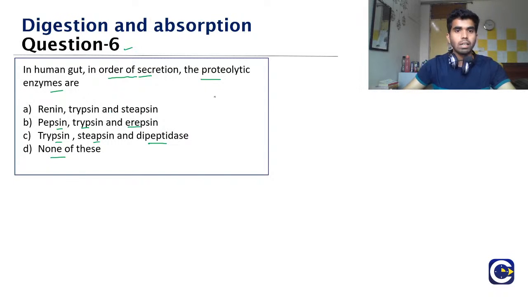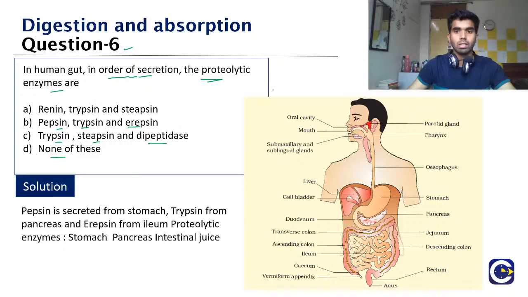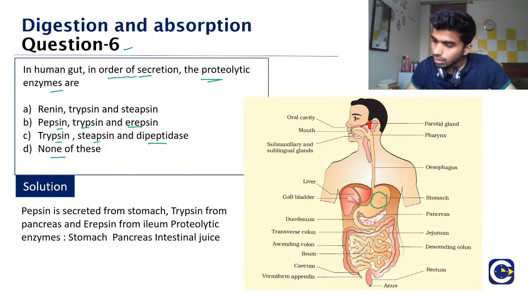So see, here we have to know the order of the proteolytic enzymes. This is the alimentary canal. The first area where the protein is digested is the stomach, and then it is in the small intestine. Finally someone has said yes. Trisha, you are saying option B. Okay, let us figure it out.